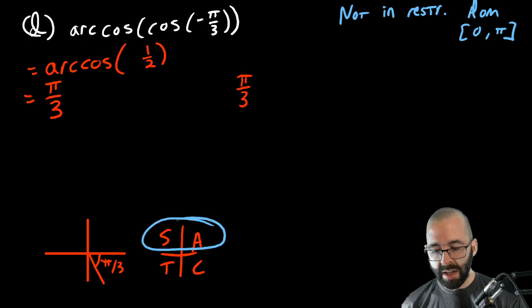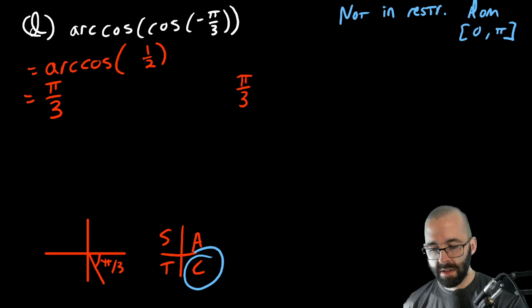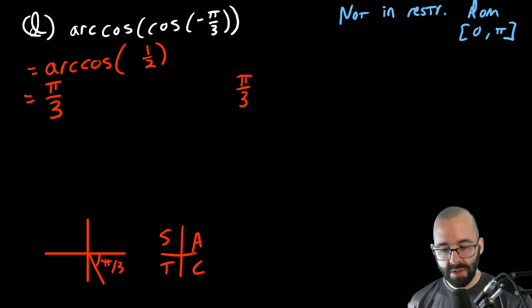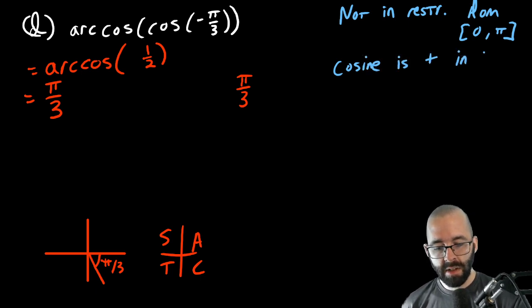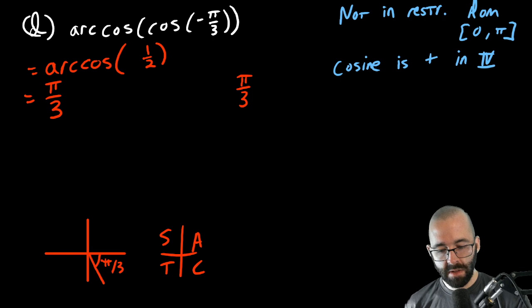The restricted domain is going to be one of these two. We need it to be the same sign as down here. So we look at cosine, which is positive in the fourth quadrant.